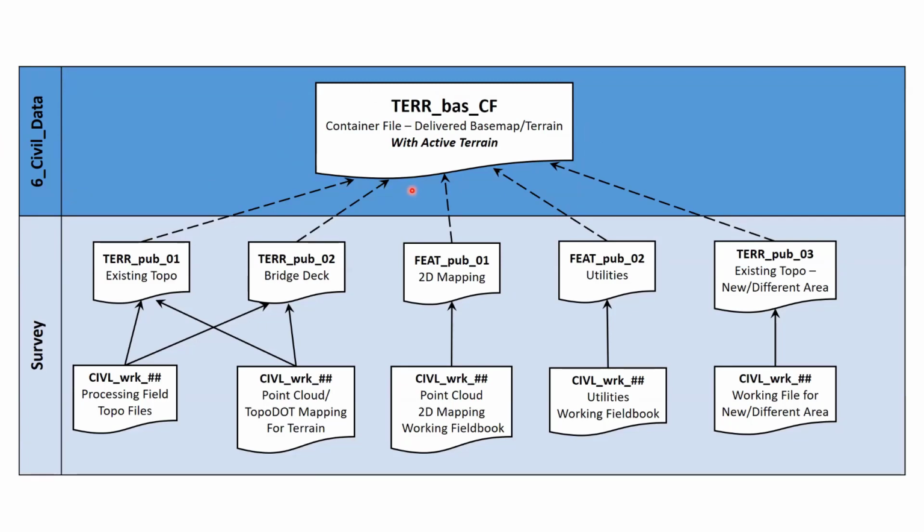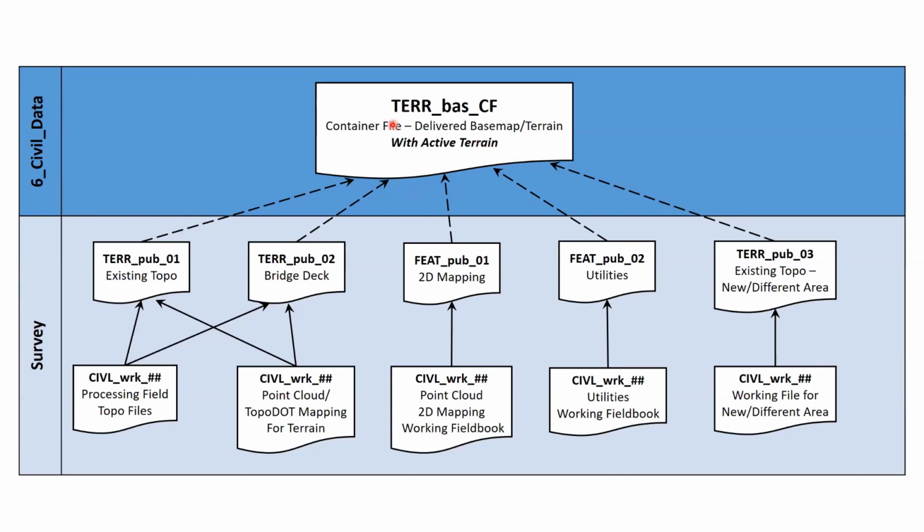That should be really the only file as far as terrains go from survey that we have in this number 6 civil data folder. Again, this is our container file with the delivered base map and terrain, but it has no data in it. And you've got to have that active terrain with that managed 3D model to make it usable for the downstream users.